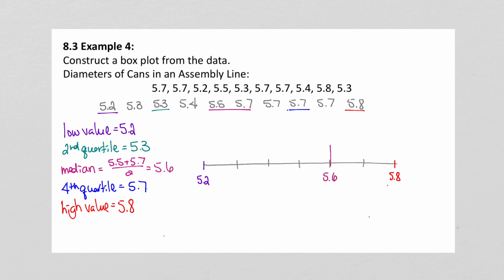And we'll have a line at 5.6, and then our second quartile at 5.3, and fourth at 5.7.